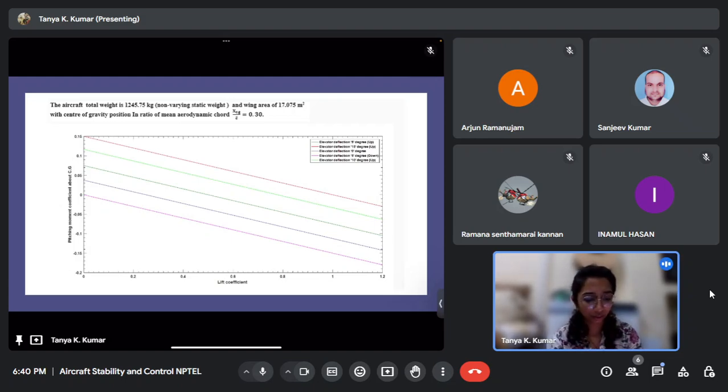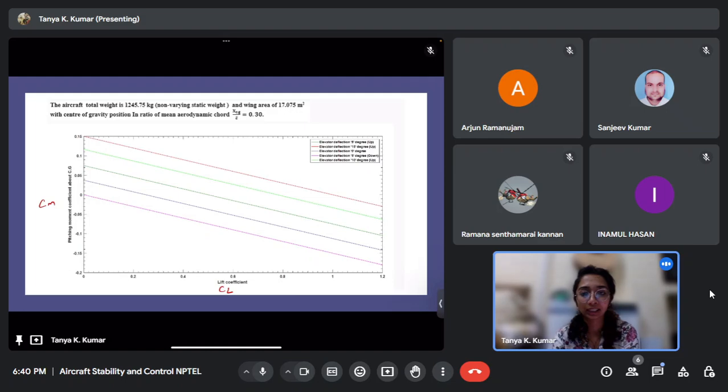So we'll just go over some other questions now. Just look at this question. The aircraft total weight is 1245.75 kgs. The wing area is 17.075 meters square with center of gravity given as 0.3. And then you have the variation of pitch moment coefficient, Cm versus Cl.